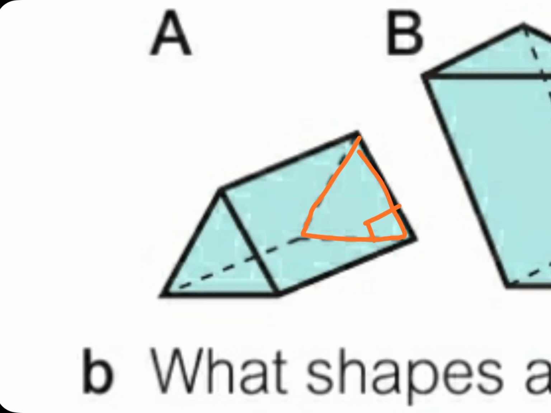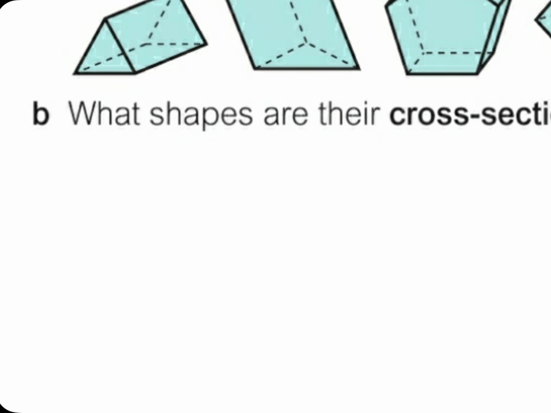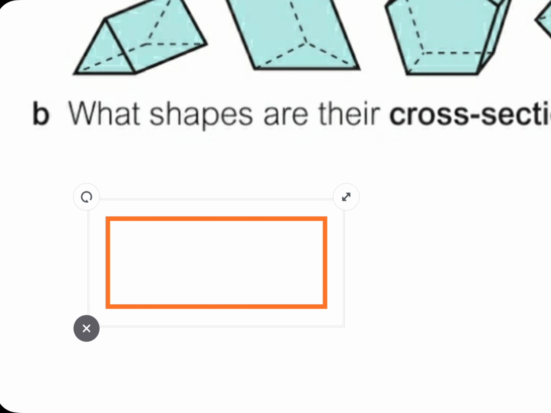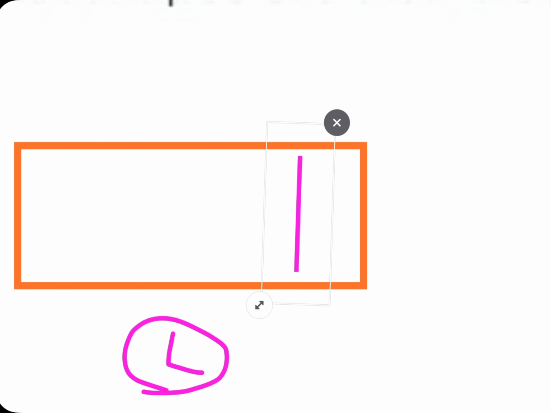When you look at this prism from the side, it's going to be like this. So if it's like this, and every cross section of the prism is at a right angle to the length, which is this one, each cross section you take is at the right angle.